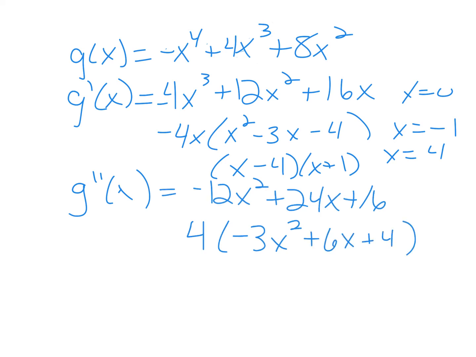Wait, never mind, we don't need that. We just need to see if these values make it negative or positive. So when we put 0 in, it becomes positive, right? So what does it mean when it's positive? That means x equals 0 is a relative min.